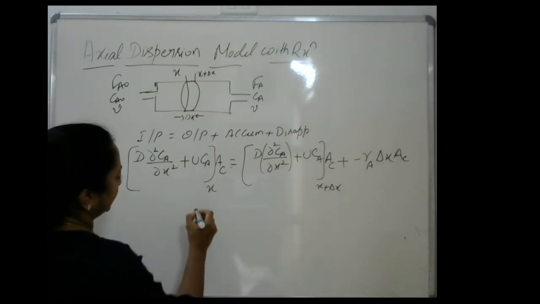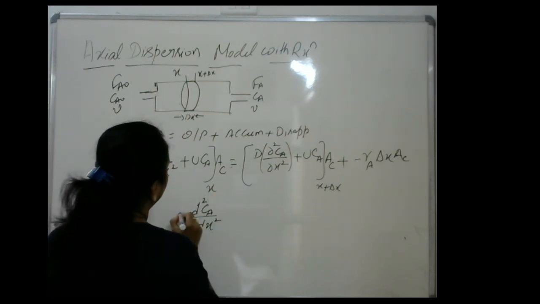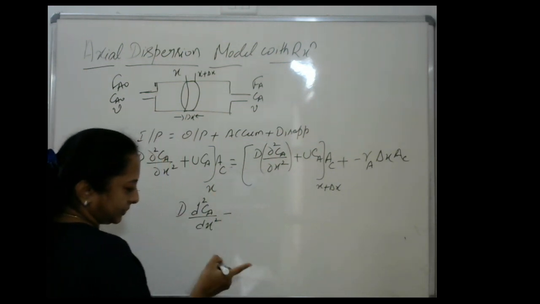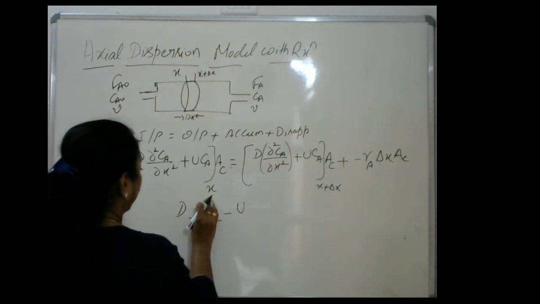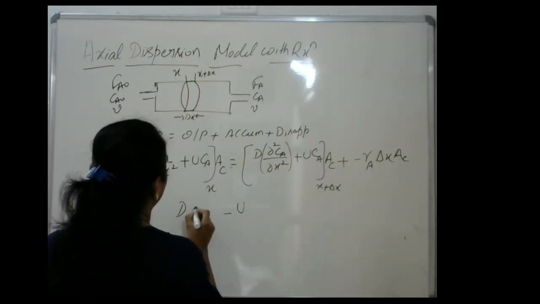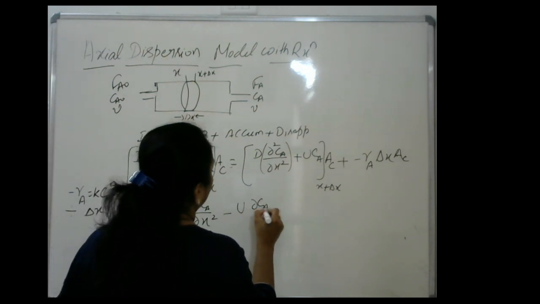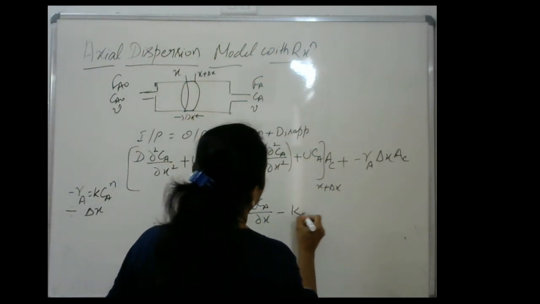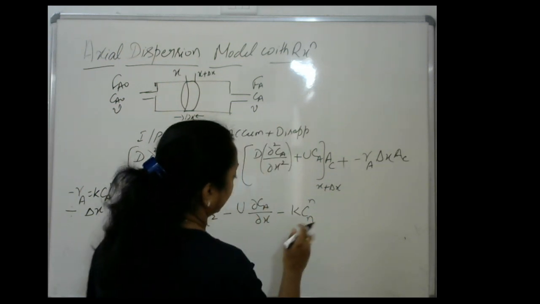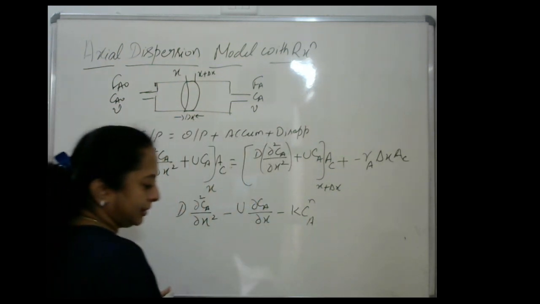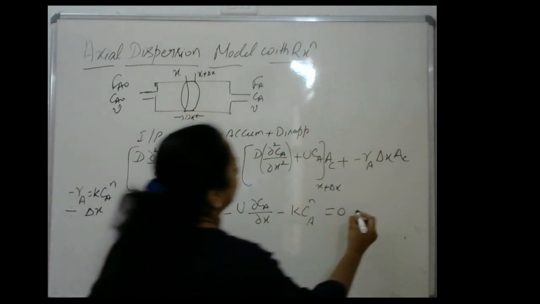Now the equation reduces to D ∂²Ca/∂x² minus u ∂Ca/∂x minus k Ca^n equal to 0. So this is the main equation.